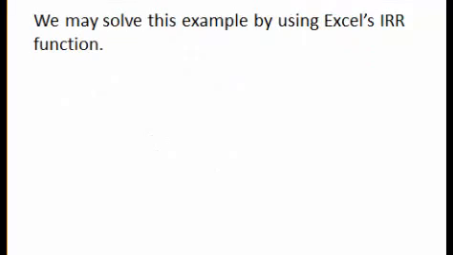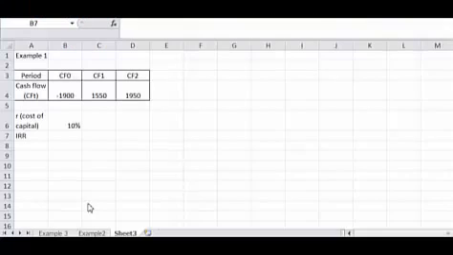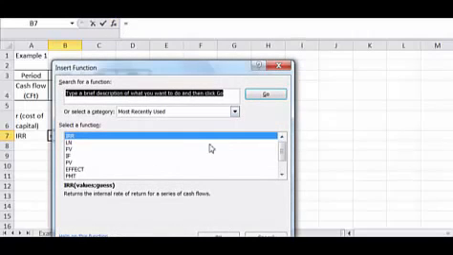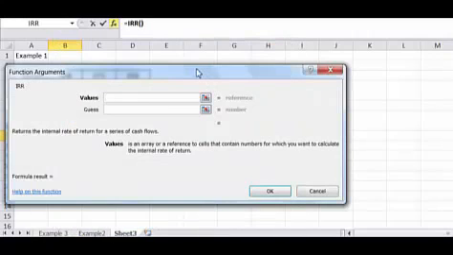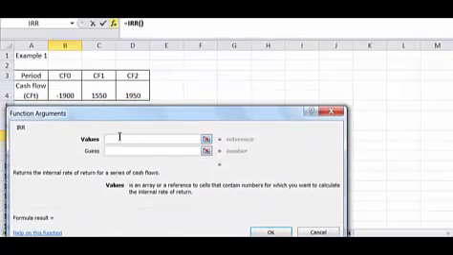We may solve this example by using Excel's IRR function. Let's have a look. In order to find internal rate of return of this project, we are looking for IRR function in Excel file, where we insert the values of cash flows of the project.